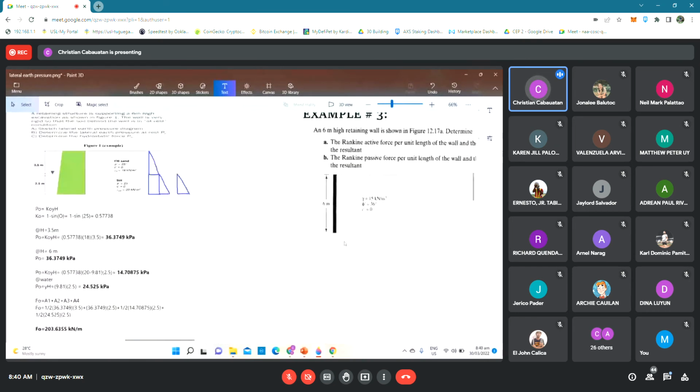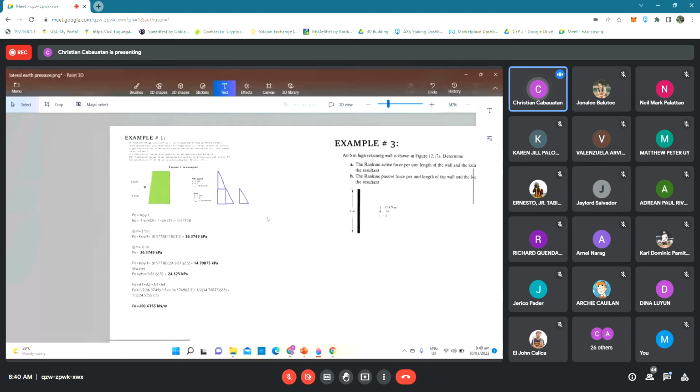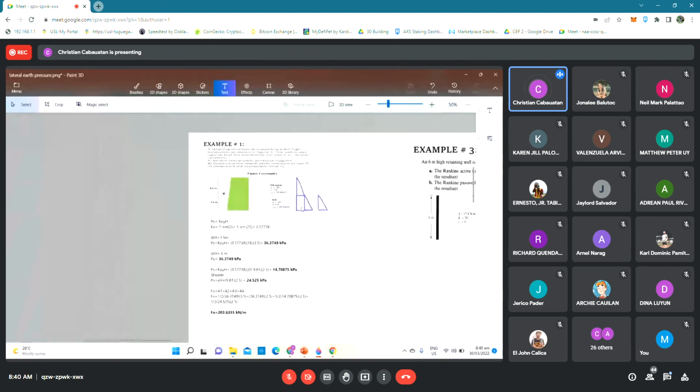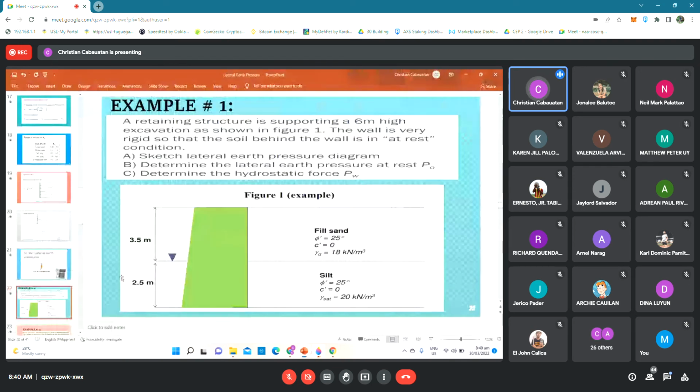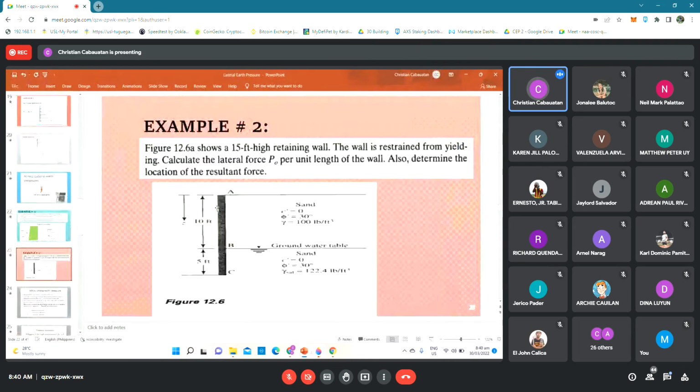And then for your example number 2, later on, nandun sa PowerPoint. It is just simply the same. There is no cohesion, and there is no additional surcharge.